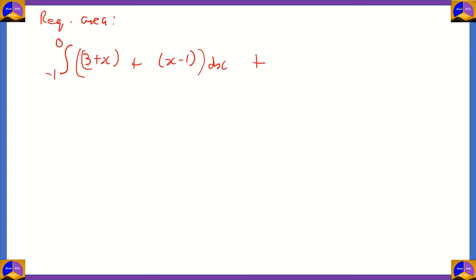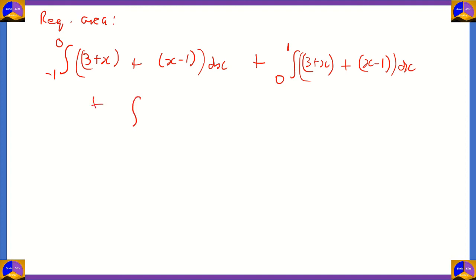And you add the area of the next interval. The next interval is from 0 to 1, and from 0 to 1 the curve is now changing, because the second curve becomes positive, and the first curve also becomes positive, and then you have dx.